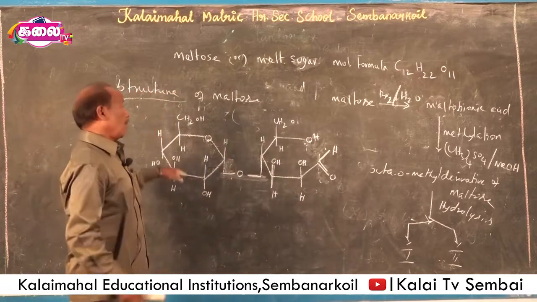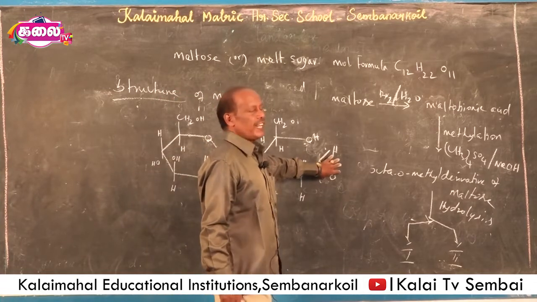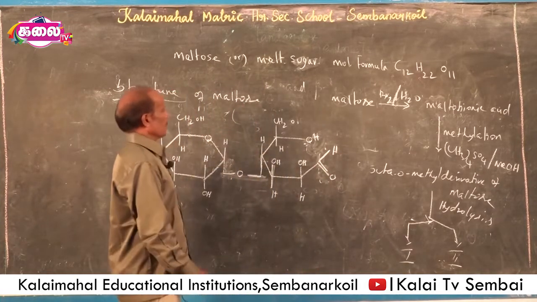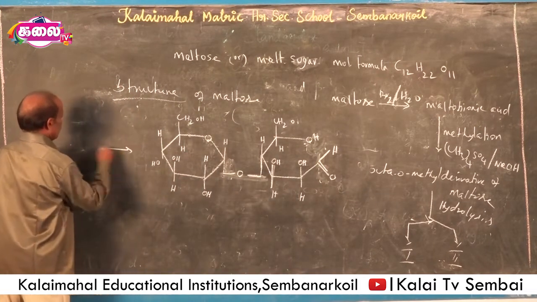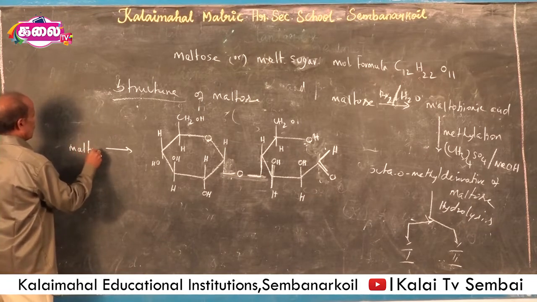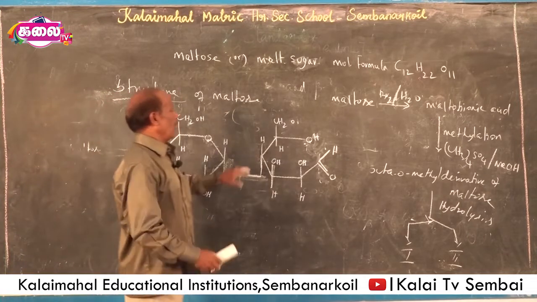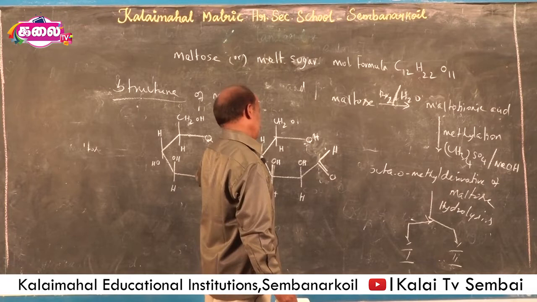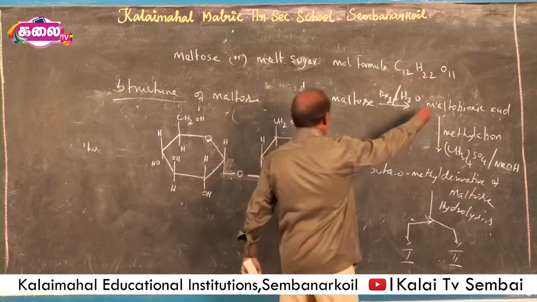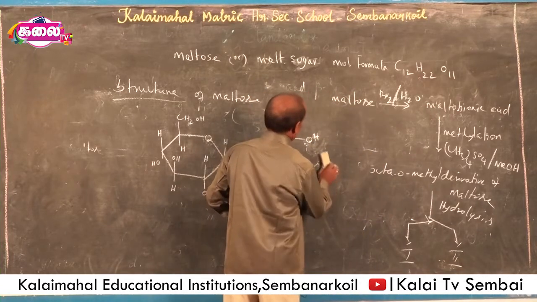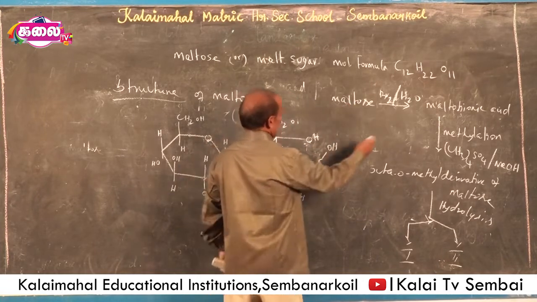This is an aldehydic form of maltose, which has a free aldehyde function. This may be in equilibrium. This gets oxidized to maltobionic acid, so this becomes C double bond O, OH. This is maltobionic acid.